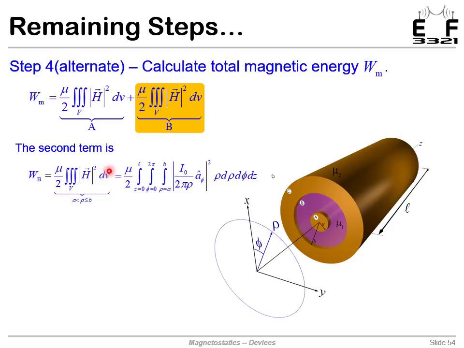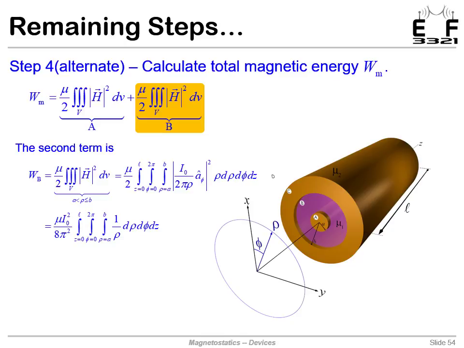And our differential volume in cylindrical coordinates is still rho, d rho, d phi, dz. And then the limits of integration. The only limit that has changed is our limit in the rho direction. Because in the previous, on the inner conductor, we're integrating from 0 to A. But now we're integrating from A to B. So really the only 2 things that have changed are the limits on the rho integration and our expression for the magnetic field, which is actually a little bit simpler in this case.